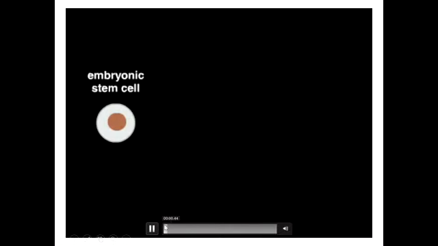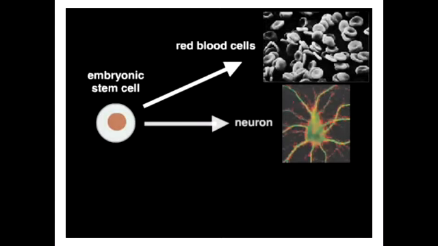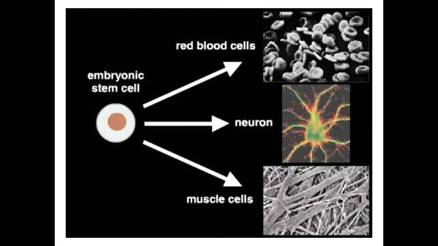Embryonic stem cells can differentiate into any cell type in the body, such as red blood cells, neurons, or muscle cells. When grown in culture and exposed to an appropriate cocktail of signaling molecules, previously homogeneous undifferentiated embryonic stem cells organize into groups of highly specialized cells.